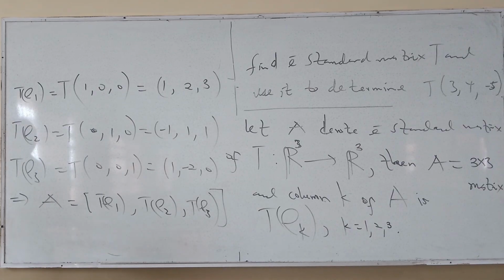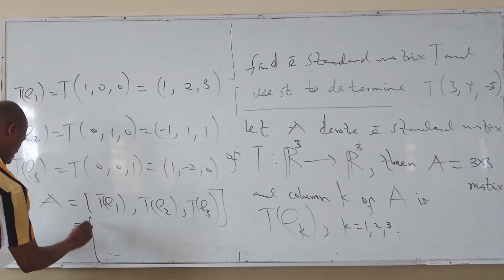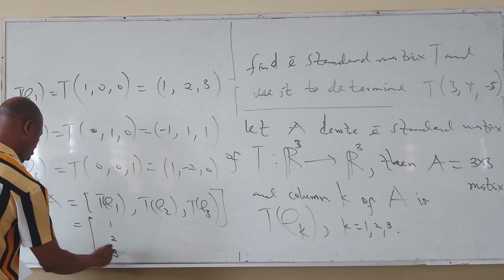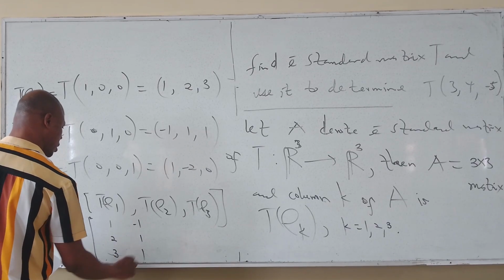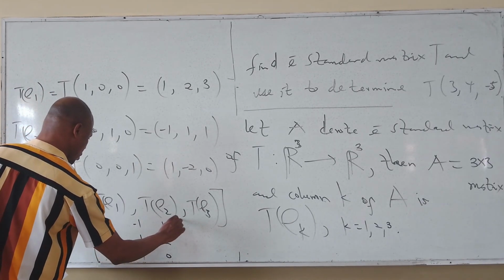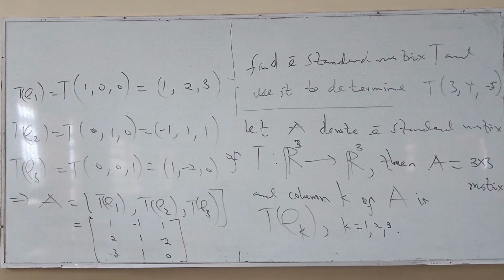Just substitute them there. T of E1 is (1, 2, 3) column wise, T of E2 is (-1, 1, 1), T of E3 is (1, -2, 0). That's our standard matrix, a 3 by 3 matrix.